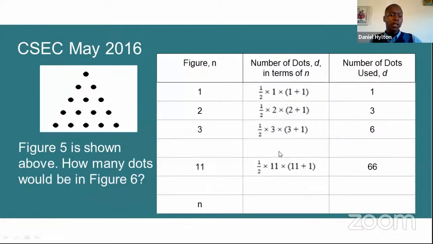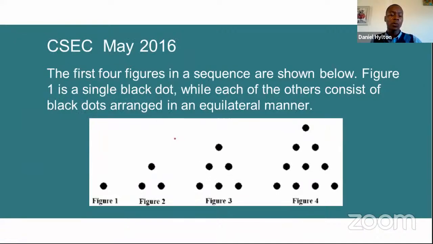So from these 4 figures, we notice that we're adding consecutive numbers. We started with 1. We added 2 to that 1 in order to get the second figure. We added 3 to the second figure in order to get the third. We added 4 to the third figure in order to get the fourth. So we're adding consecutive whole numbers right here.